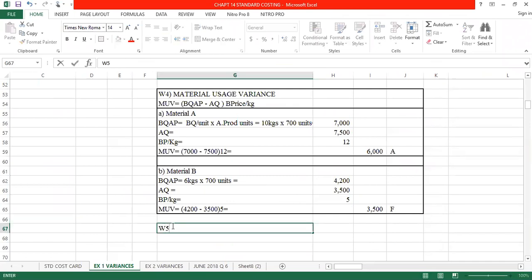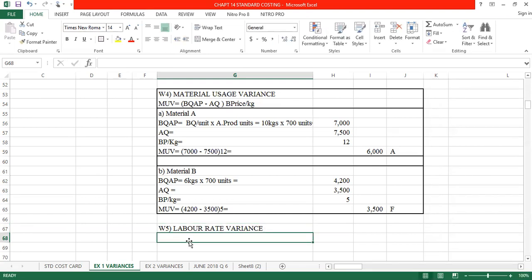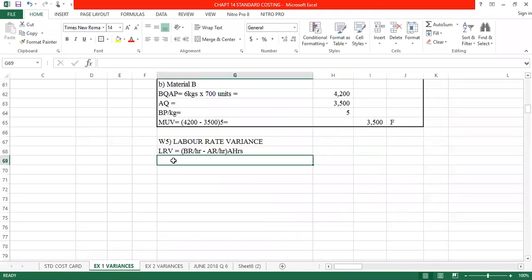Working 5 is labor rate variance. How do we calculate labor rate variance? We said labor rate variance is equal to budgeted rate per hour minus actual rate per hour times actual hours.